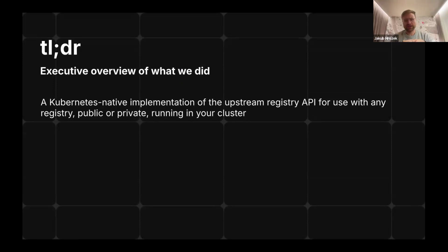We implemented a Kubernetes native implementation of the MCP upstream registry for use in your cluster. You can use it wherever you run your clusters, and you can host any registry you want, either the upstream one, or one your company defines, with whatever subset of servers in your cluster.